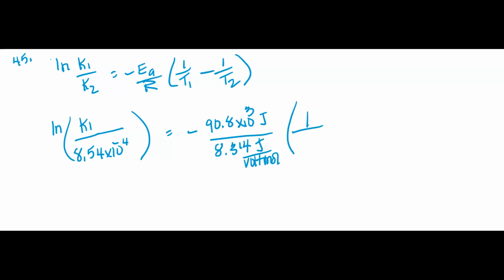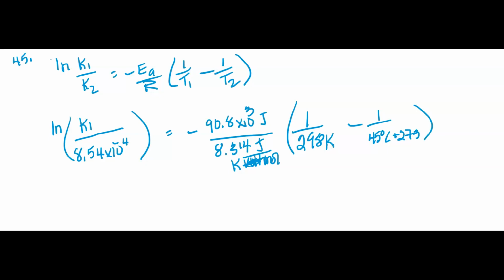So T1, we're told, is 25 degrees. That's 298. Remember, we have to change it to Kelvin because joule per mole Kelvin, not volt. And T2 is 45 degrees C. Got to add our 273.